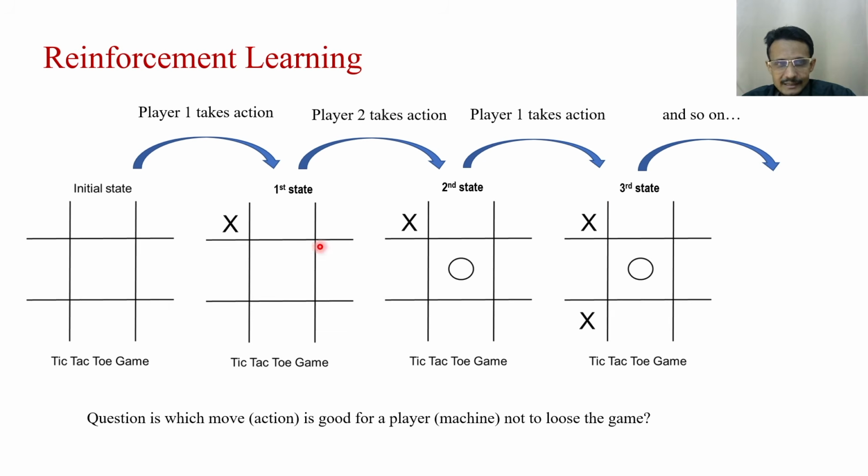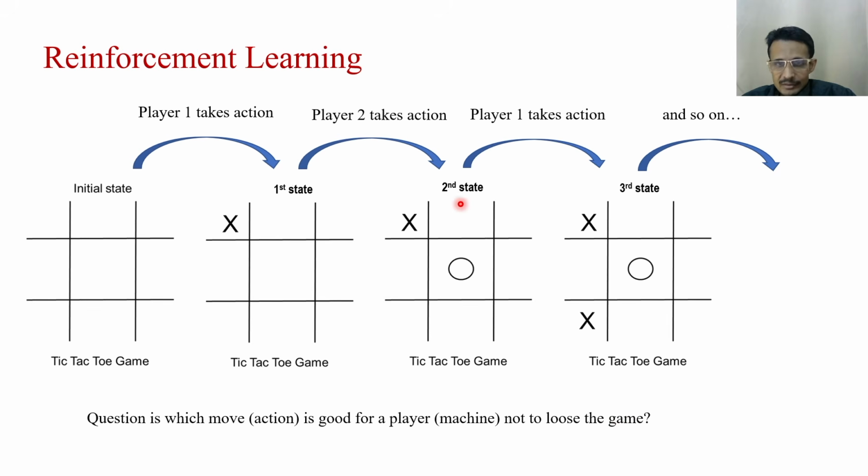The question is, given a state, let player 2 be a machine, how do we understand which position we should put the circle? Which move is good for the machine player to not lose the game?